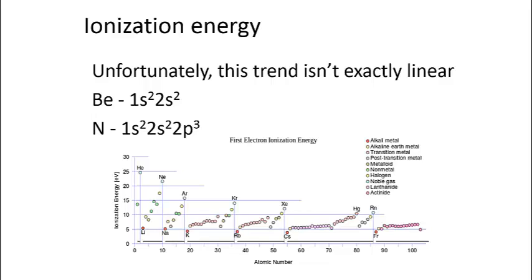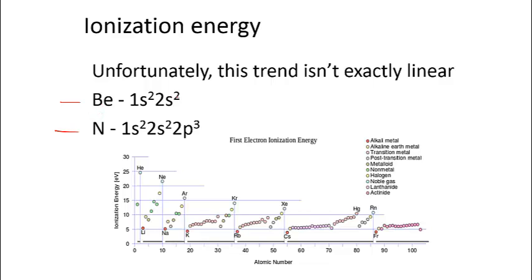We actually see peaks in ionization energy for both beryllium and nitrogen in period 2. Now, why would these two elements have ionization energies that are higher than expected? Well, just like everything else on the periodic table, the answer lies within the electron configurations of these two elements.